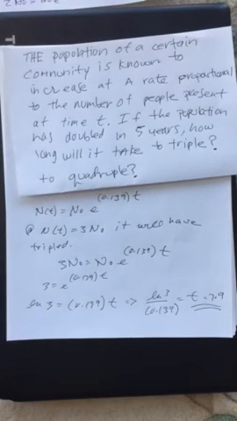So how long will it take for the population to triple? 7.9 years. And then quadruple, you just do the same thing.